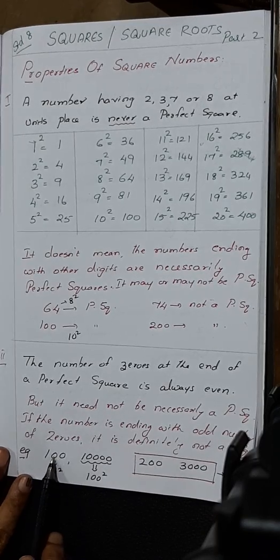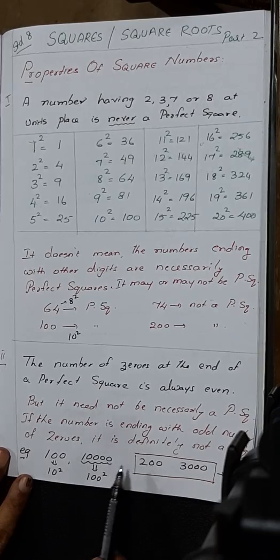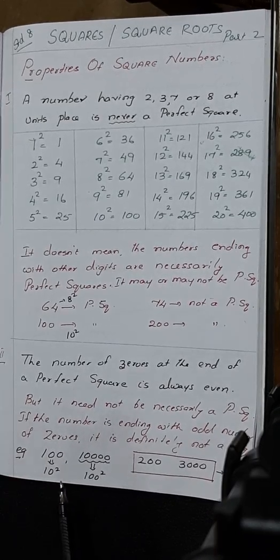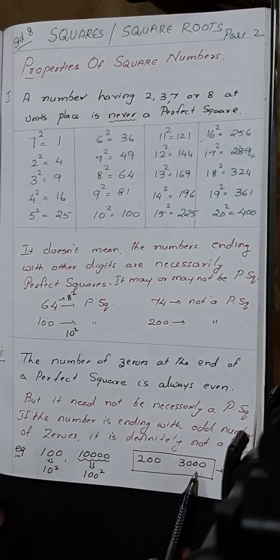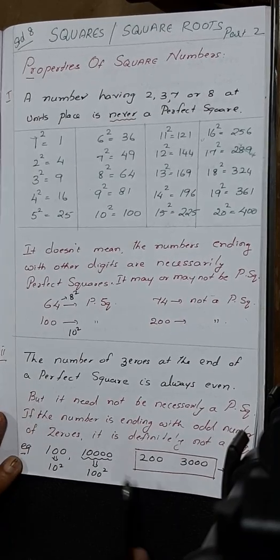If it is ending in an even number of zeros, it can be a perfect square or it need not be. But if it is ending in an odd number of zeros, you can definitely say it is not a perfect square.